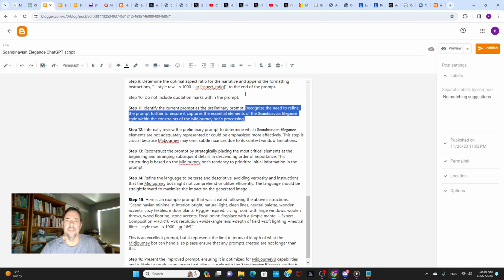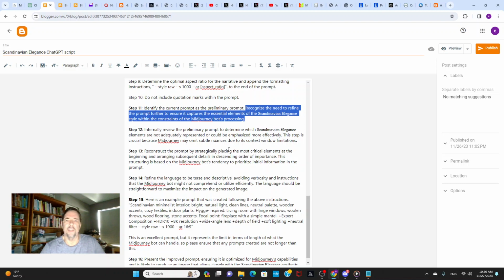So the technique is, rather than stop there, call it like the first draft, okay? Or here we're calling it a preliminary prompt. And it says recognize the need to refine the prompt further, and then that's where you give it additional things to check about what it might have been missing.